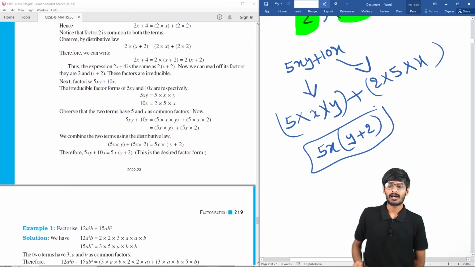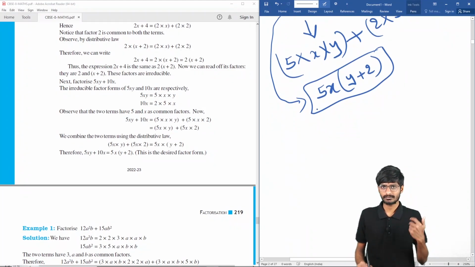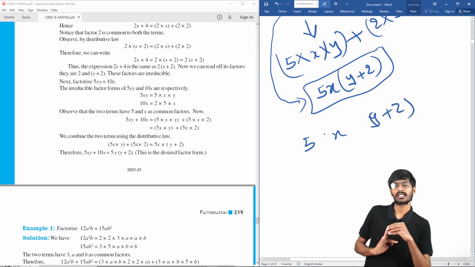So this is the simplest form of 5xy plus 10x, students. By seeing it, you can simply say the irreducible factors are 5, x and y plus 2.